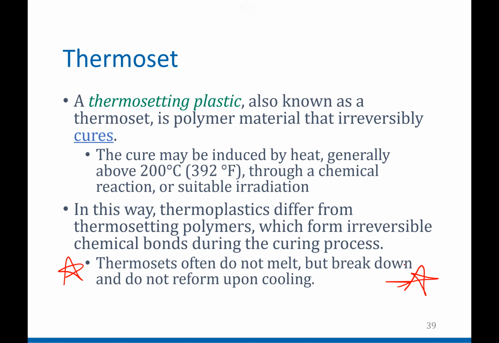You cannot melt them and shape them. When you heat them up, they completely break down. The cure is your first heating cycle. You heat it up, you could have a chemical reaction to make this type of plastic, but once it's made, it is called set.